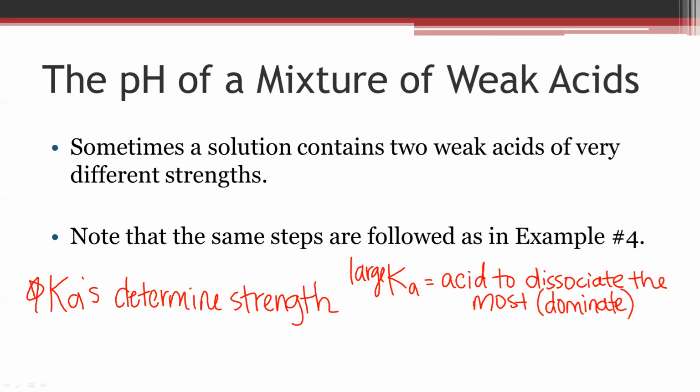And if it's the dominant acid, then that's the acid that's going to provide the hydronium ion in order to find pH. So we're going to look at a mixture of acids in example 5 and compare Ka values to decide which one actually determines this.